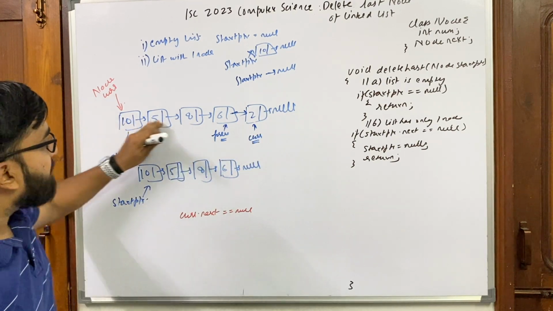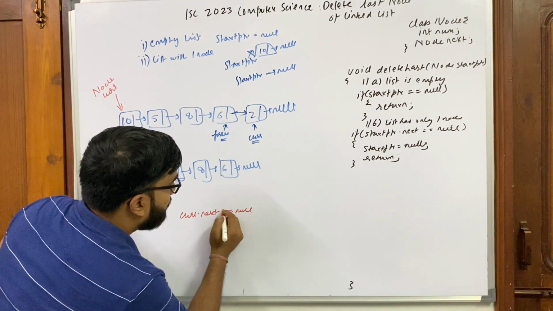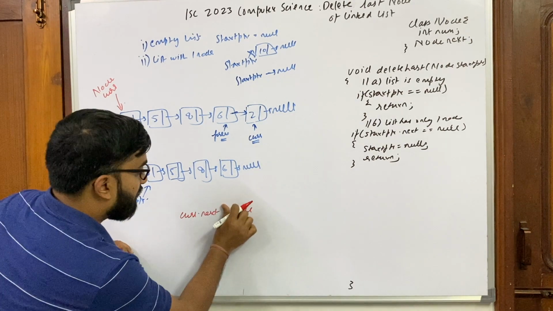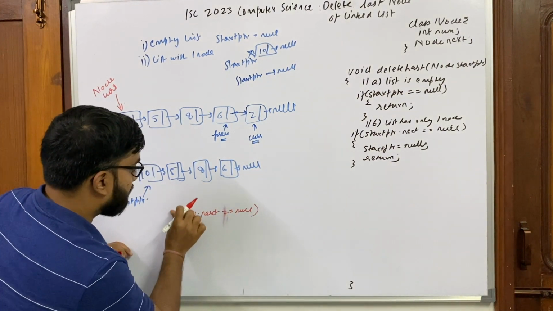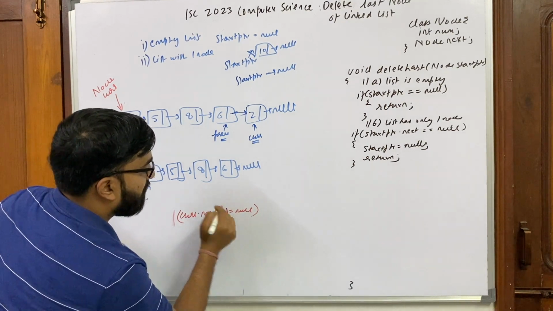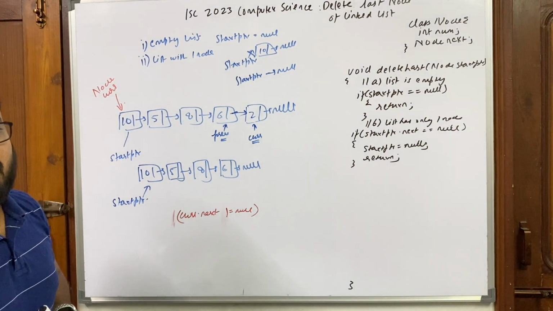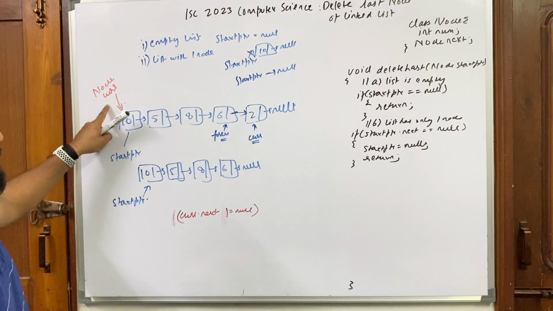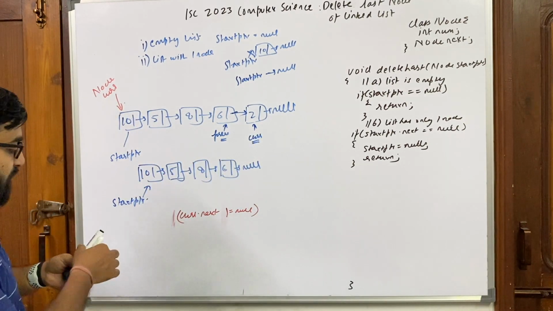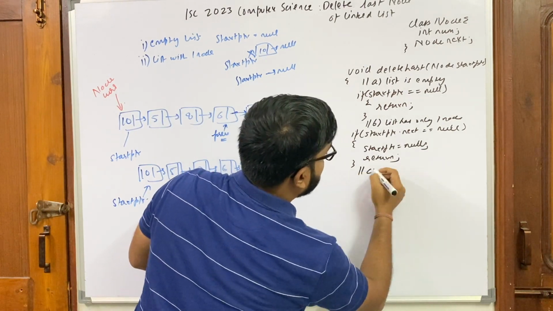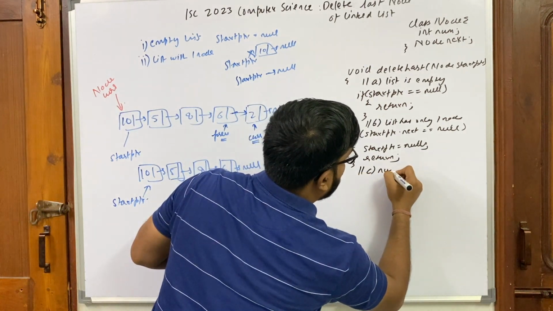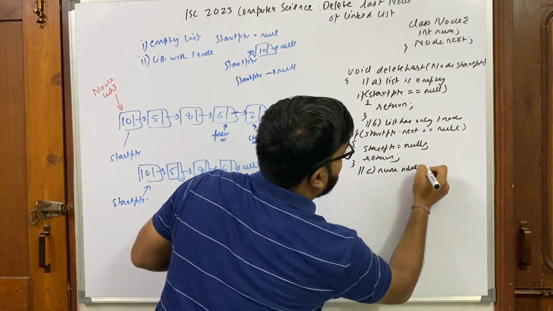So I traverse this list as long as this condition is not true, so you can say not equal to null. My first job is to make current move to the last node. For that, I set current to start pointer first, and this is case C, number of nodes greater than 1.